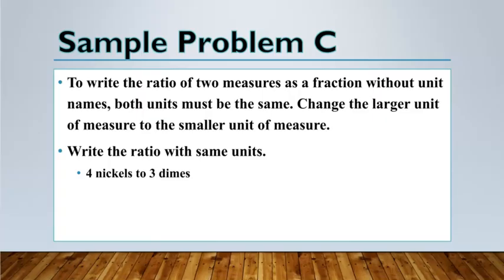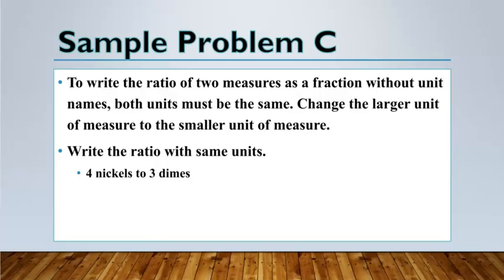Next, to write the ratio of 2 measures as a fraction without unit names, both units must be the same. So we're going to change the larger unit of measure to the smaller unit of measurement. So here we want to write the ratio with the same units. The larger unit in this case would be the dimes. So we need to know how many nickels are in 30 dimes, or in 3 dimes.